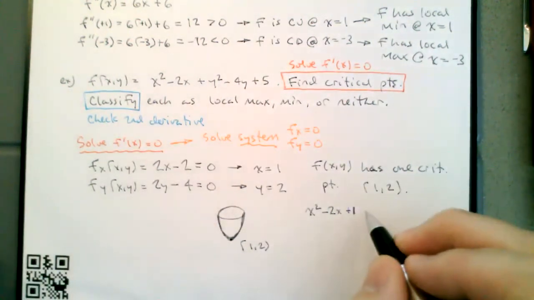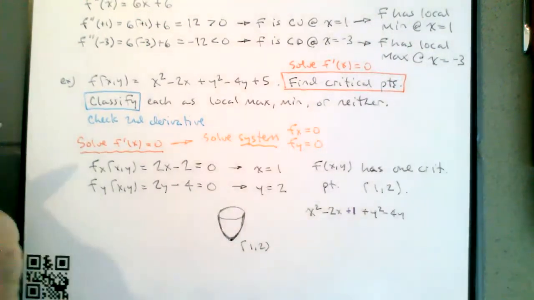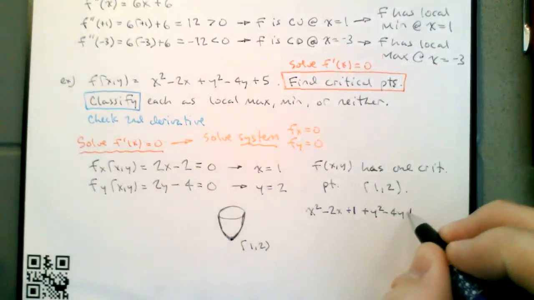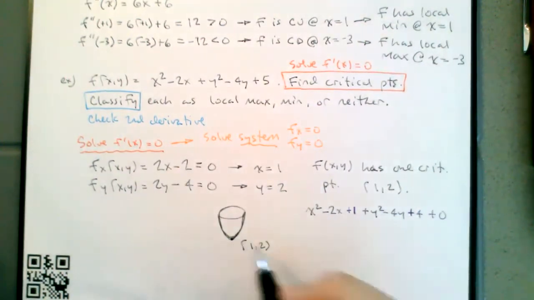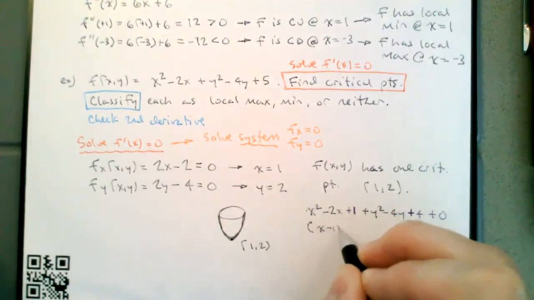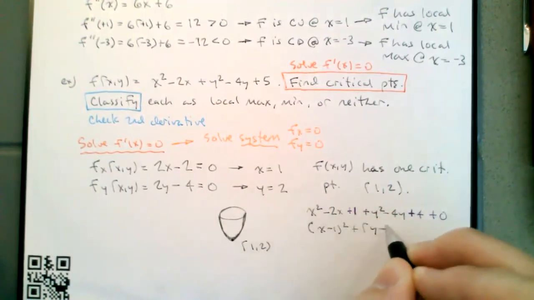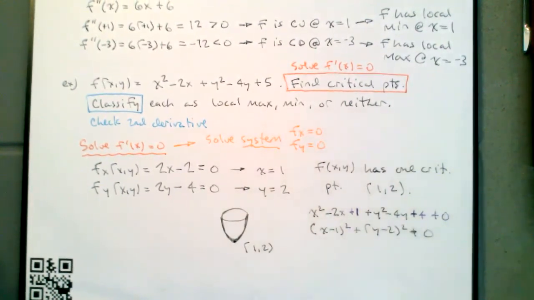And if I complete the square on the y squared part, I need a plus 4. And that leaves plus 0. So moreover, this point is sitting on the xy plane. So we have a circular paraboloid where the center of the circles is going to be at 1, 2.